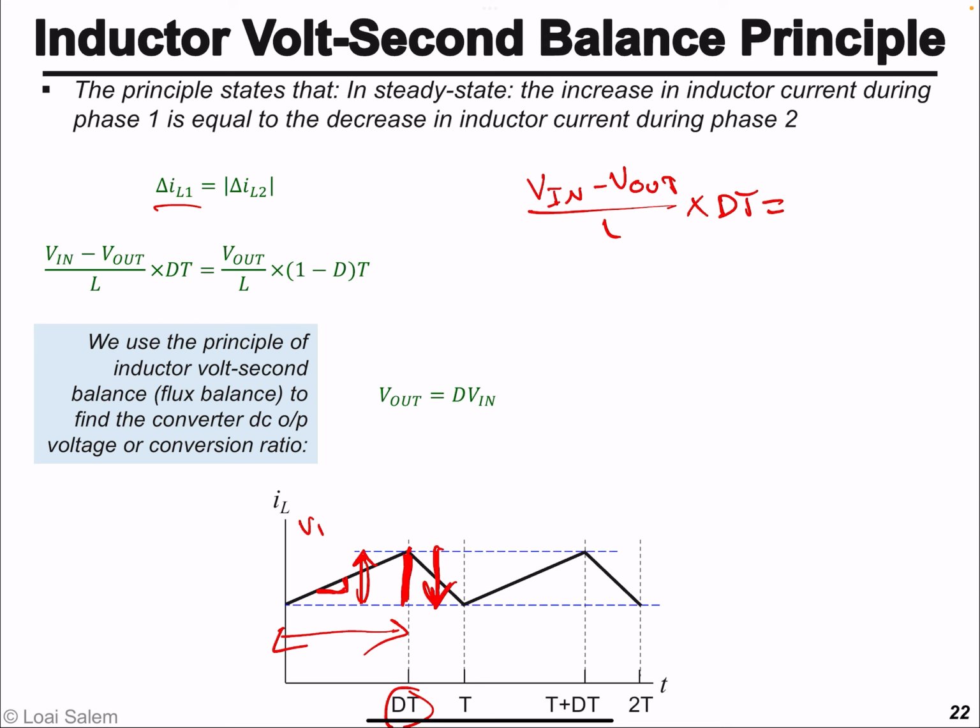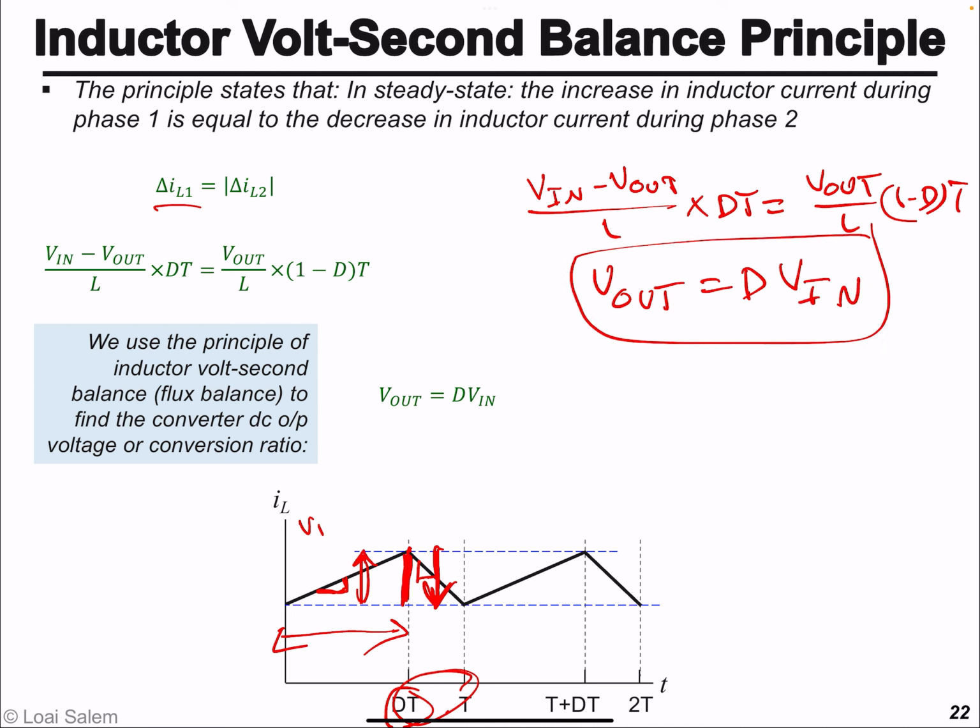The slope of this line is negative, but let's take its absolute value, which is Vout divided by L, times this interval, which is (1-D)T. If you simplify this equation, you will reach the equation that the output voltage is equal to the duty cycle times Vin, which we reached before using frequency domain analysis.